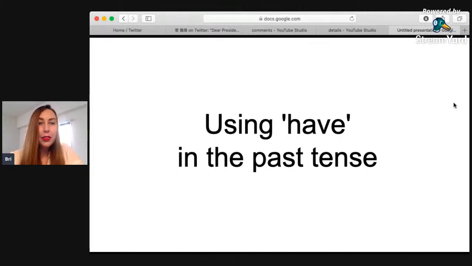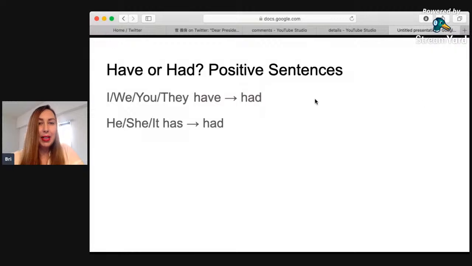First of all, let's look at the basics, right? So have or had. In positive sentences, in the past, it's very, very easy, right? Compared to other words we have in English. So I, we, you, they have. So they have homework.